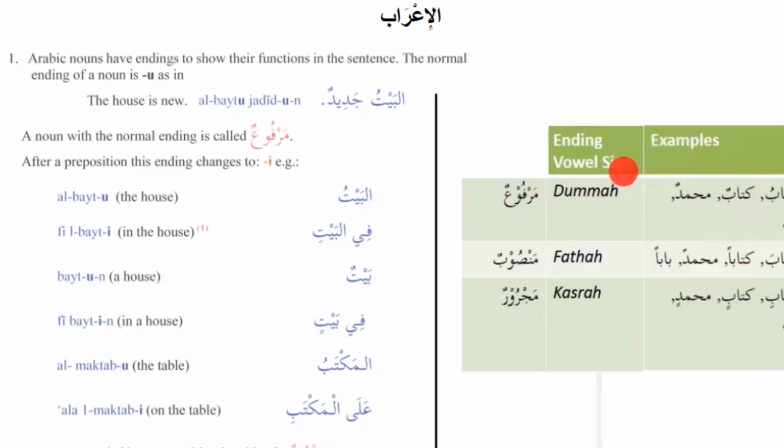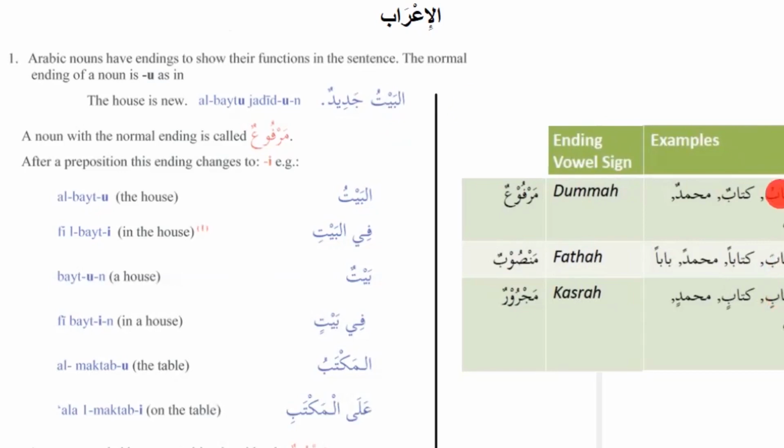Talking about this place: dhamma, the ending vowel sign. This is telling us, for example, if the ending of a noun, for example baytun, or al-kitabu, al-kitaba, al-kitabi.